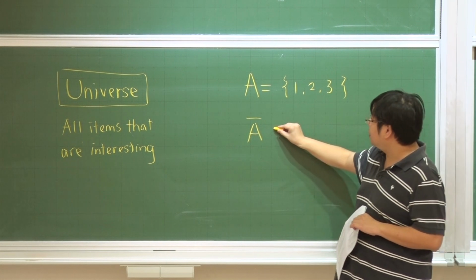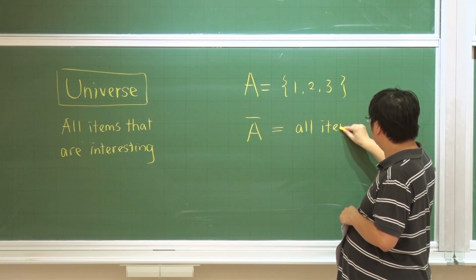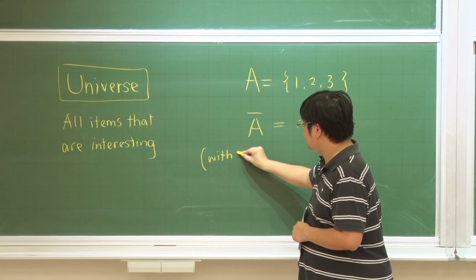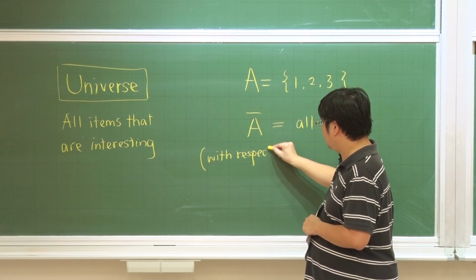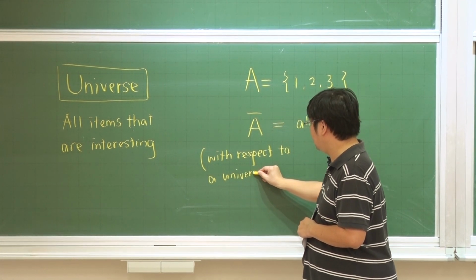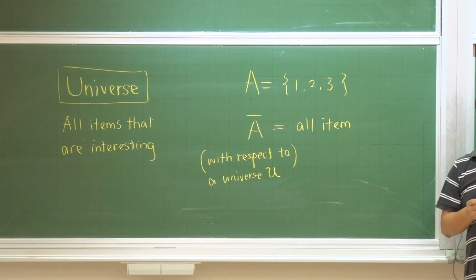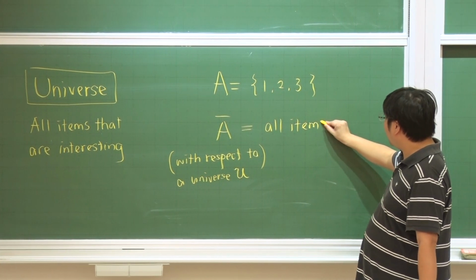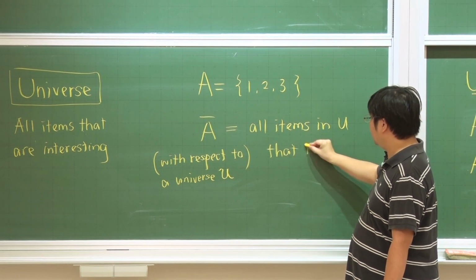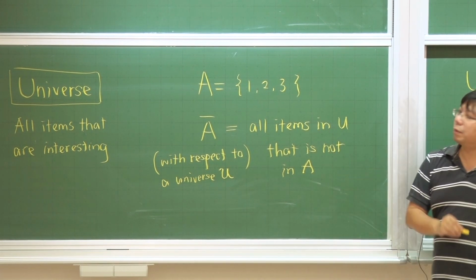So the complement of a set A with respect to a universe U is all items in U that are not inside this A. So this is what we want.